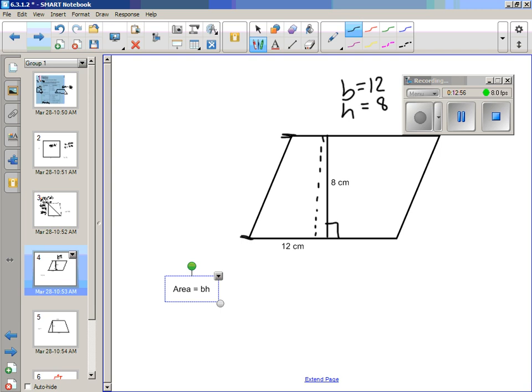We should get a grand total of 96 centimeters squared. Now we can say 96 square centimeters. It means the same thing. Okay? And the reason why we're squared is because we have centimeters times centimeters. All right?